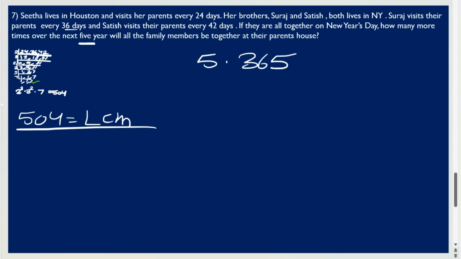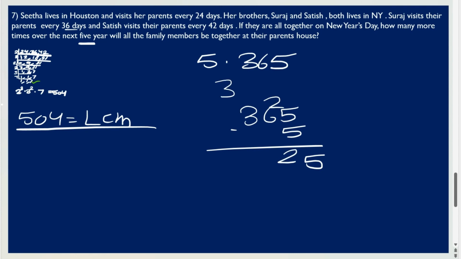Okay, now if we multiply by 5, right? 5 times 5 is 25, then 30, 15, 16, 17, 18. Okay, 1,825. There are that many days in 5 years.